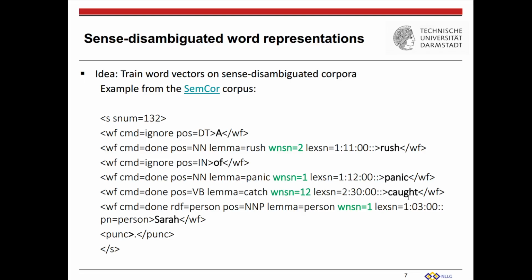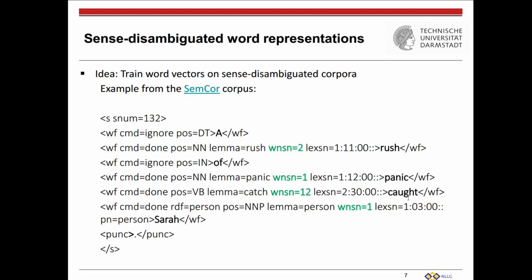And one such lexical resource is, for example, not Wiktionary, but or maybe also Wiktionary could be, but in particular WordNet. So WordNet is such a resource, if you've heard of it.